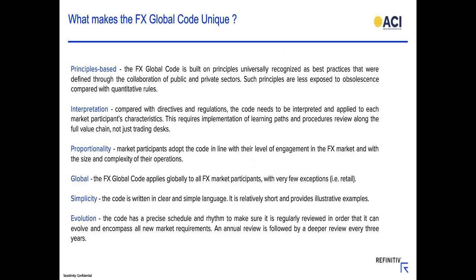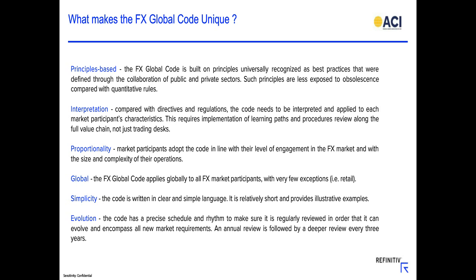Now, if I can recap quickly what makes the Global Code unique, let's go through these 6 easy concepts. As we said, it's principle-based, so it is built on principles and not regulation. Because of this, it needs to be interpreted.